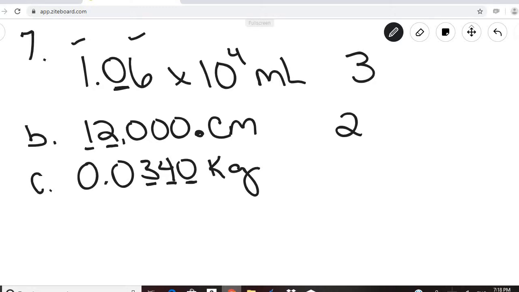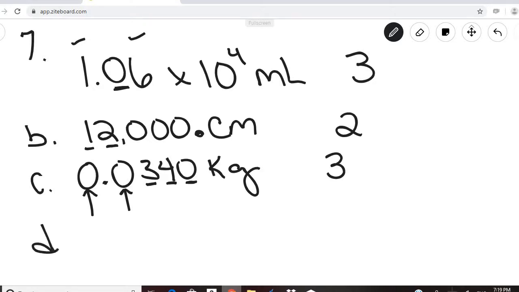So that one is significant. This one is not significant because it is to the right of the decimal place, but it's not at the end. And it's also not between 2 significant figures because that one also is not significant. So for 7C, we have 3 significant figures.